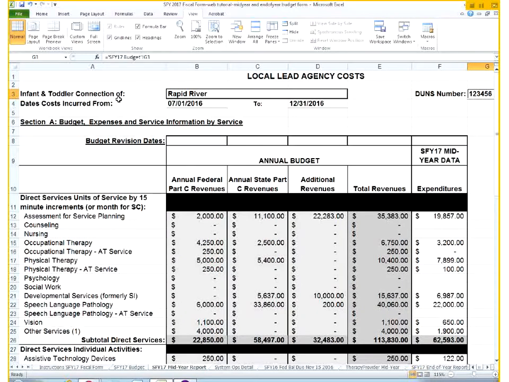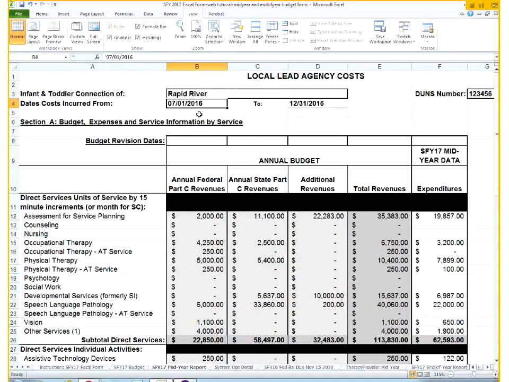Now, it's important to know that this information is already going to be pre-populated for you on this form based on how it was completed in your initial budget. So you do not need to complete these tabs again. You do, however, need to type in the date under date costs incurred from.